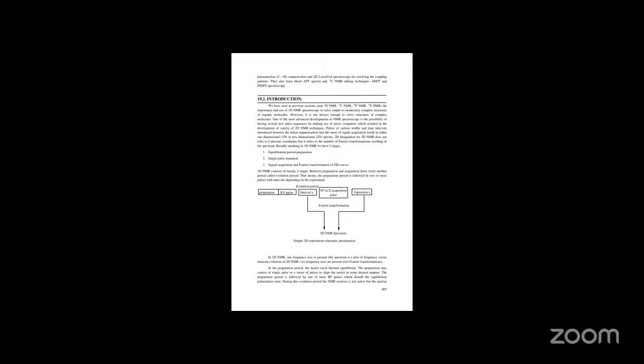In 1D NMR one frequency axis is present, whereas in 2D NMR two frequency axes are present, from two Fourier transformations.